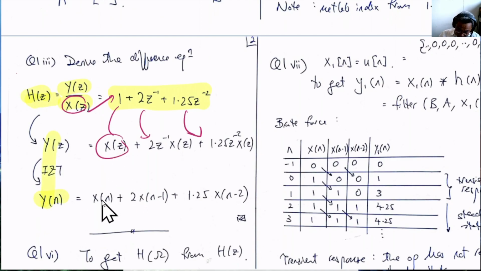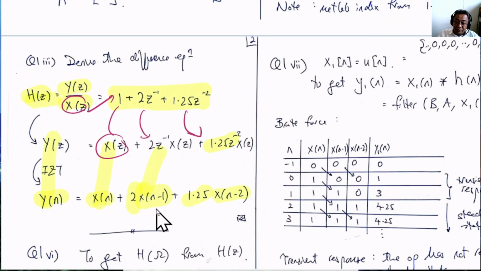X(z) inverse Z transform is x(n). 2 z^-1 X(z) is nothing but 2 x(n-1). And 1.25 z^-2 X(z) is nothing but 1.25, which is the coefficient, and z^-2 becomes x(n-2). So this expression over here is the difference equation.